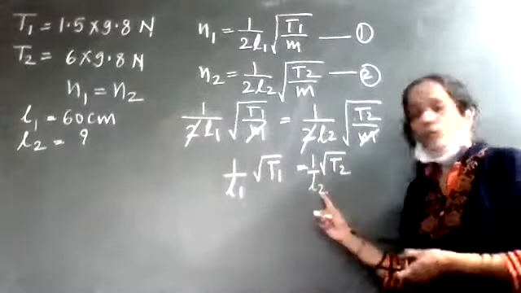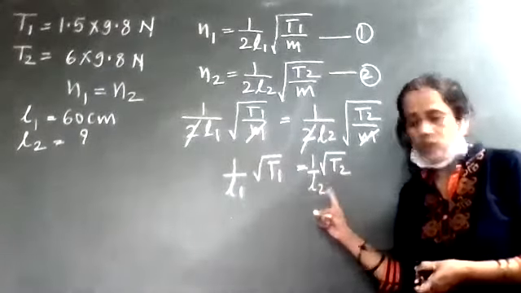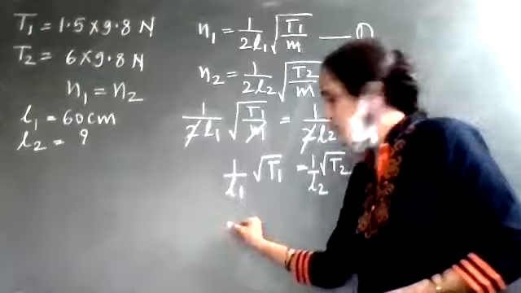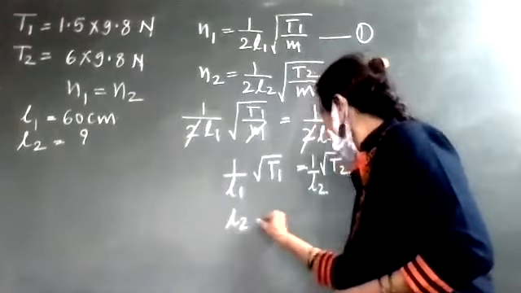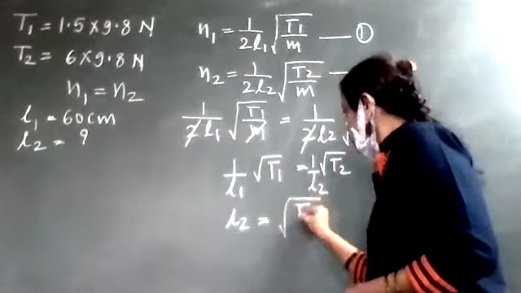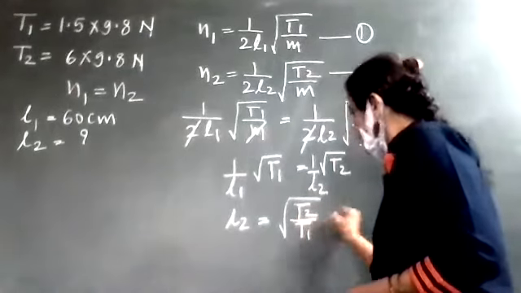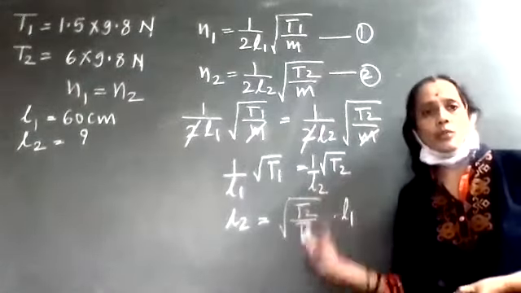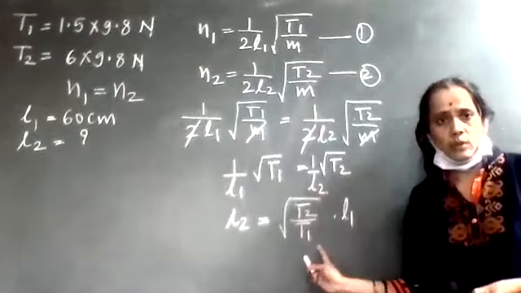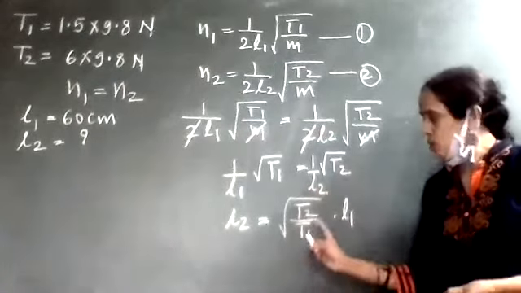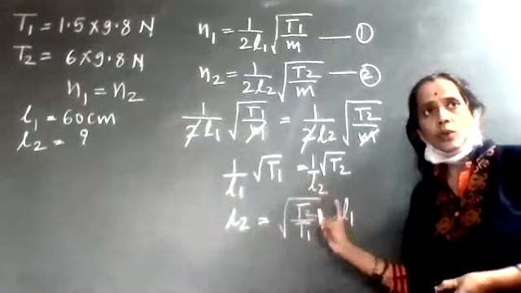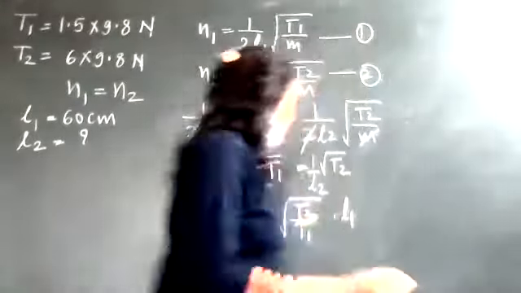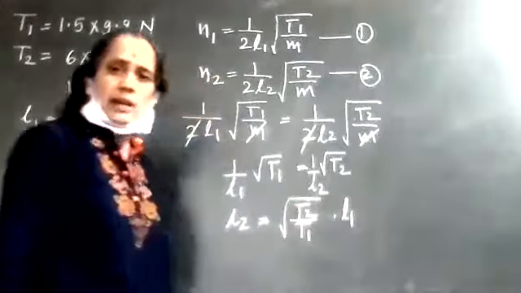Now, what do you want to determine? L2. So I write L2 is equal to root of T2 upon T1 into L1. The tension factor goes under the square root sign.